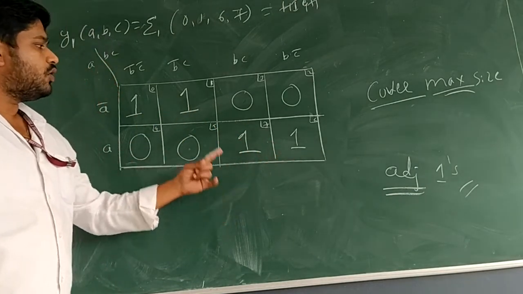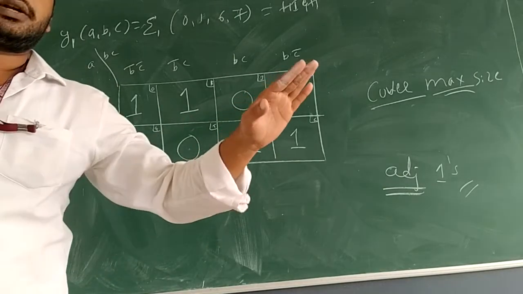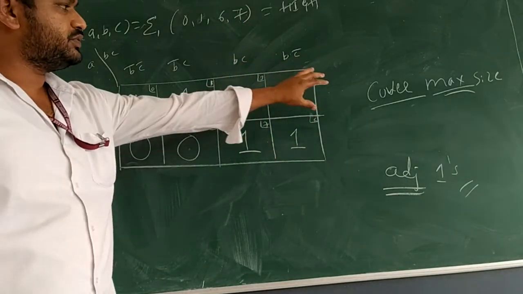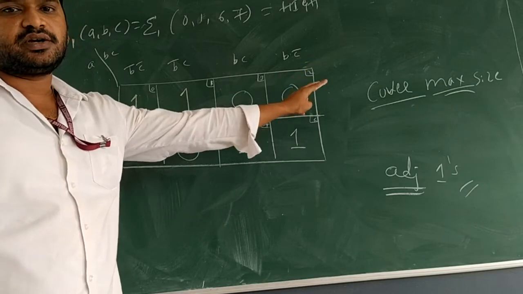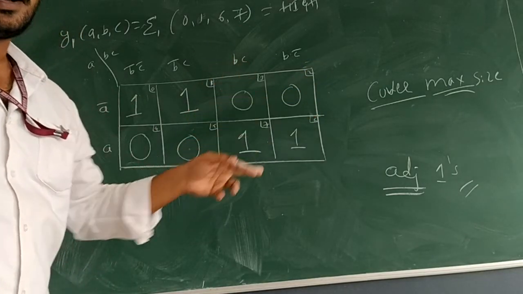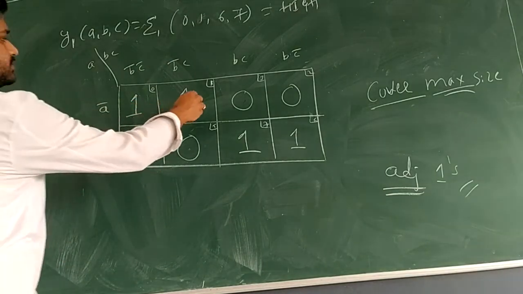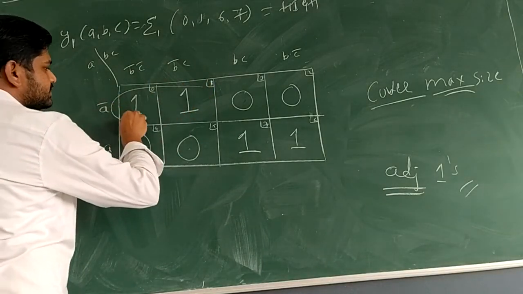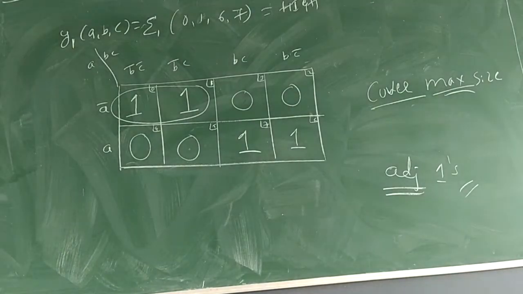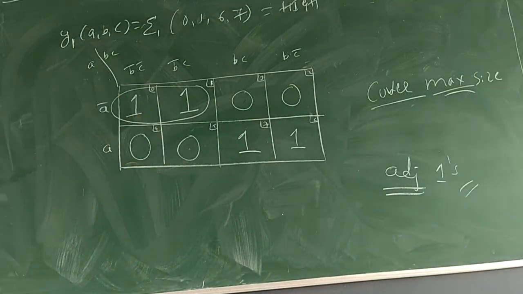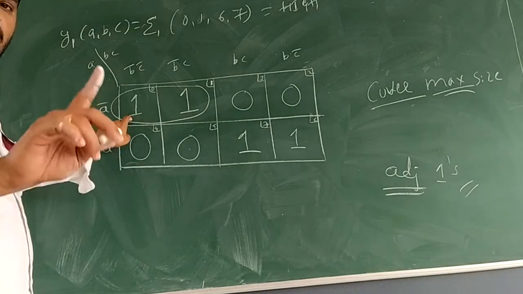Okay. 1 and 7 are not adjacent because you go back to the previous layout, check how many bit differences there are and find out the reason. So now I will take like this. Okay, if I take this, cover 1.